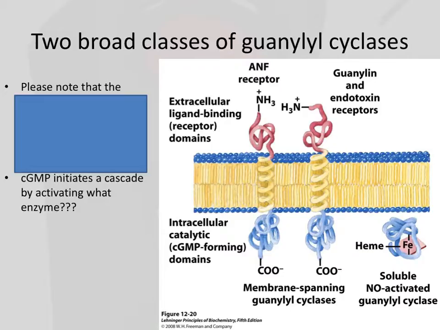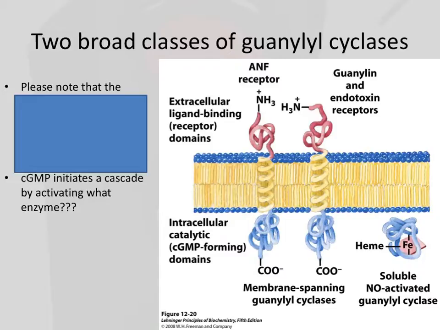Now, remember, in particular with this chapter, we do a lot of comparing and contrasting. Okay? So with both of the first 2 that we're talking about, the RTKs and GPCRs, remember there's an external signal, it binds externally, and then there causes some kind of conformational change on the inside.